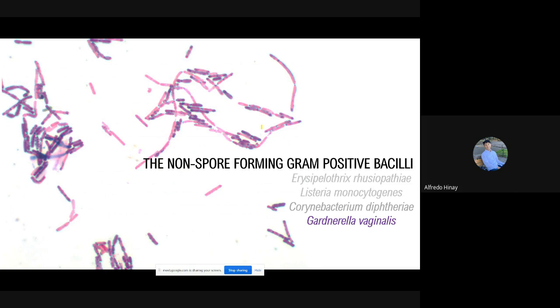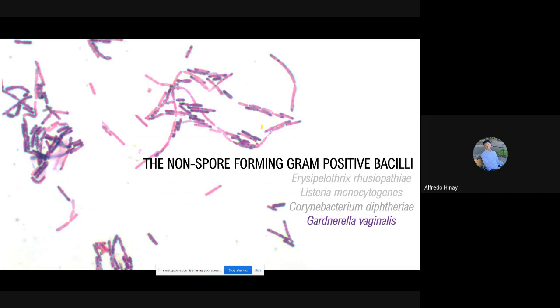Your Listeria will produce a CAMP factor block using your Rhodococcus equi. And then there are motile compared with others. Then you have Corynebacterium diphtheriae, pwedeng Tinsdale, and other culture media that produce jet-like colonies or jet black-like colonies. So we'll move to your Gardnerella vaginalis naman.